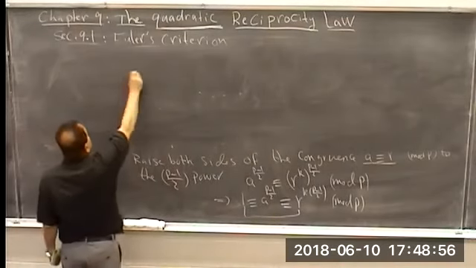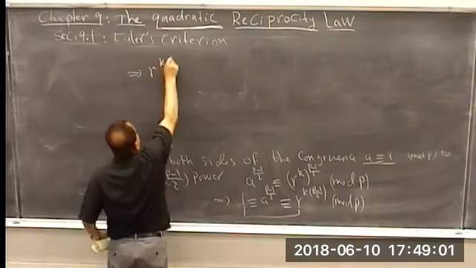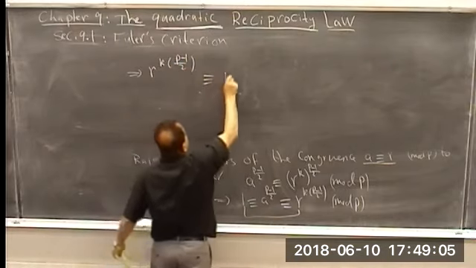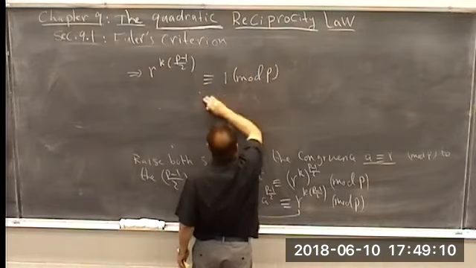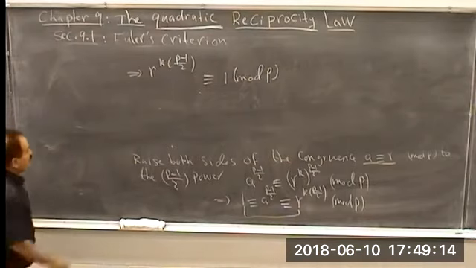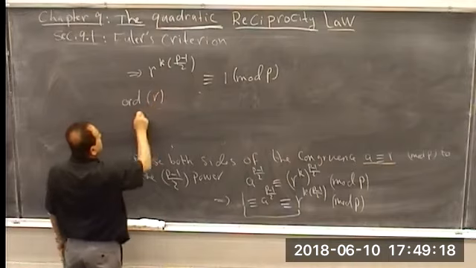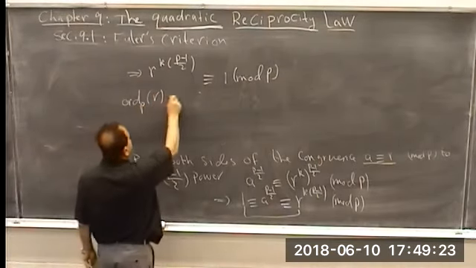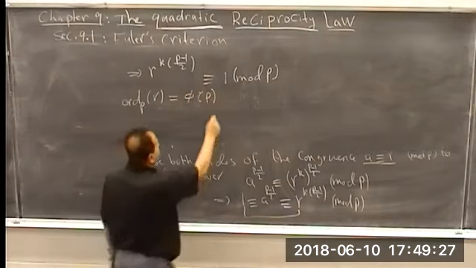So we have R to the power K times P minus 1 over 2 is congruent to 1 mod P. Now, remember that we have the order of R relative to P, because this is a primitive root, this is phi of P, which is P minus 1.